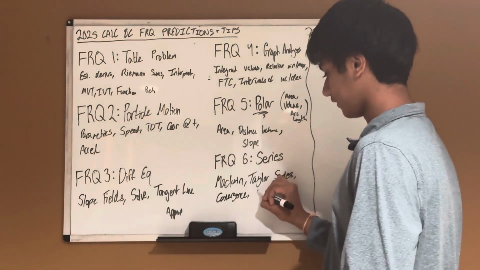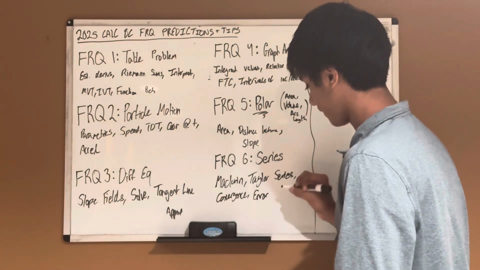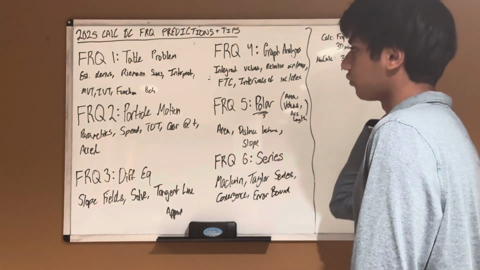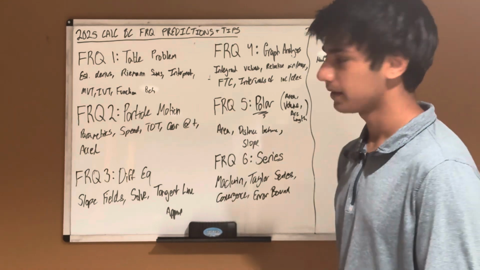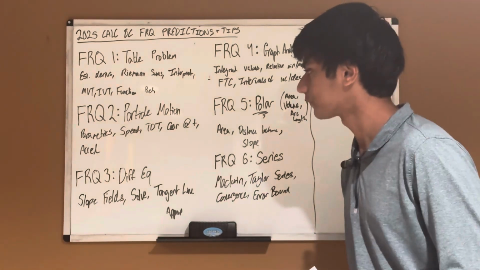And make sure to also study error bound in Taylor series and alternating series. And so those are my predictions. Again, these are not 100% certain, but based on just what I've seen, these are my guesses for the FRQs.